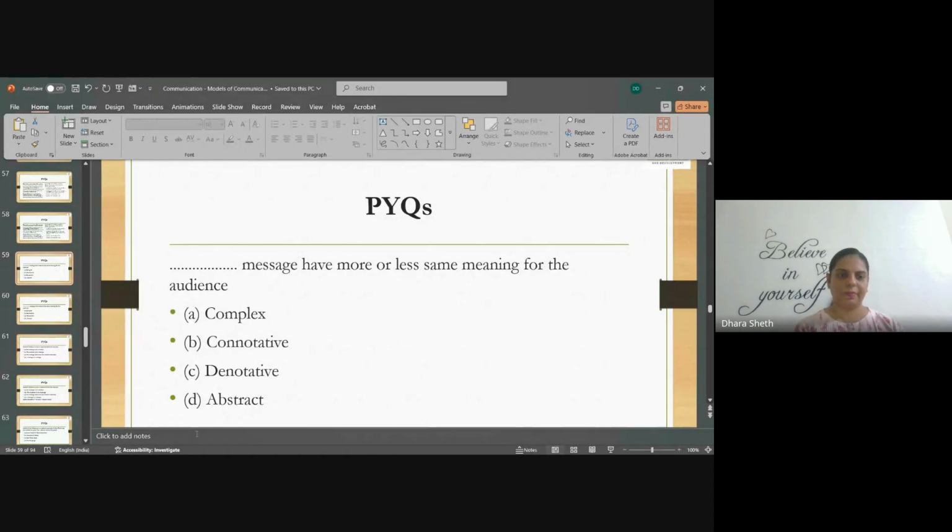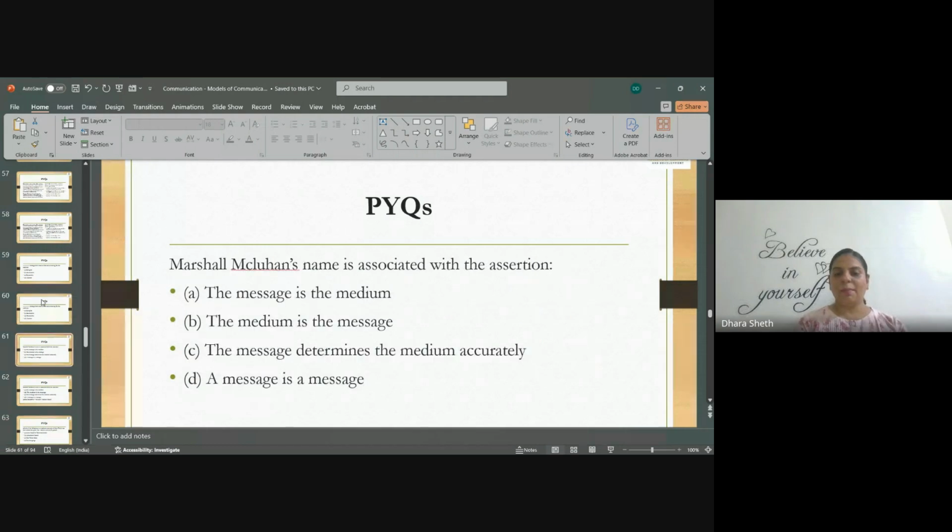Okay. And that's the answer. It has more or less the same meaning for the audience. Marshall McLuhan's name is associated with the assertion, and this question has been asked quite a few times with different formats. Whatever is the answer here is given as the question and asked who gave this assertion. The reverse, that way.